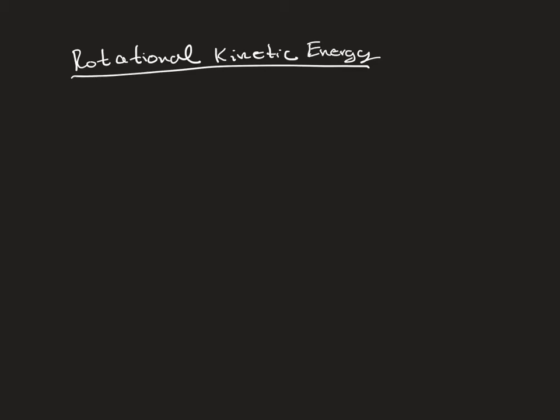In topic 5, we covered translational kinetic energy. So this is the energy an object has as it moves forward or backwards. However, I tried very hard to write problems only where something was sliding, because rotational kinetic energy, so the energy an object has while it's rotating, is calculated using a different formula, which is 1/2 moment of inertia times the angular velocity squared.